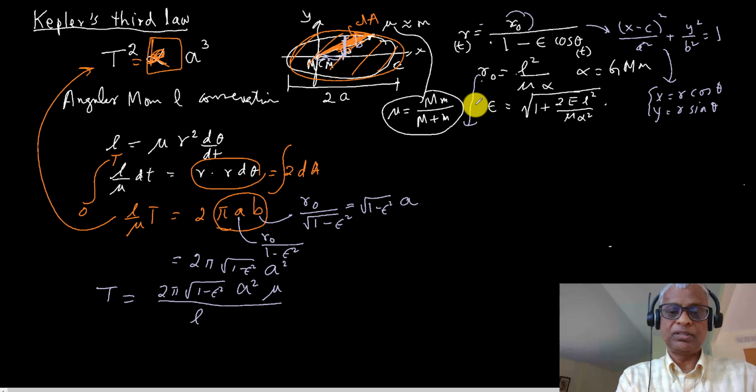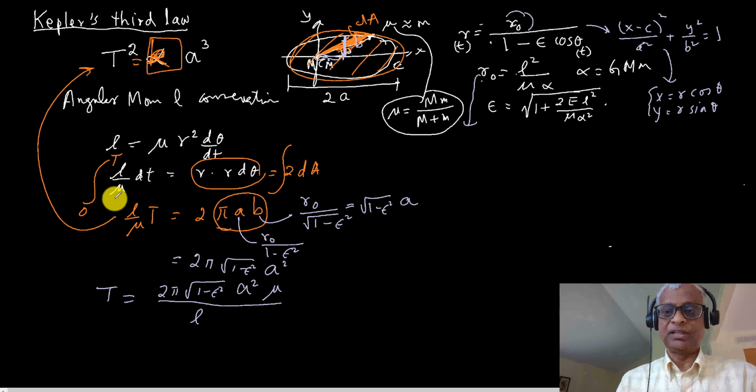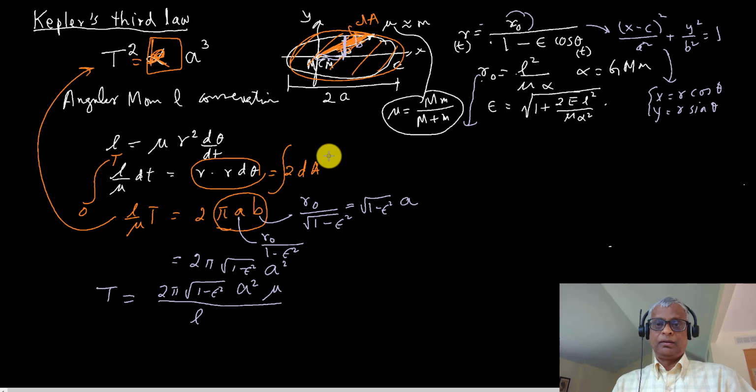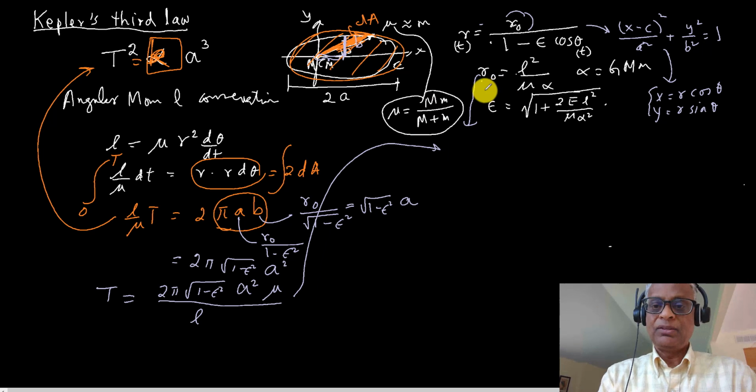We can use L. Let me erase some of this just so I get more space to write on. Change the pen color. So from this, I want to get L.